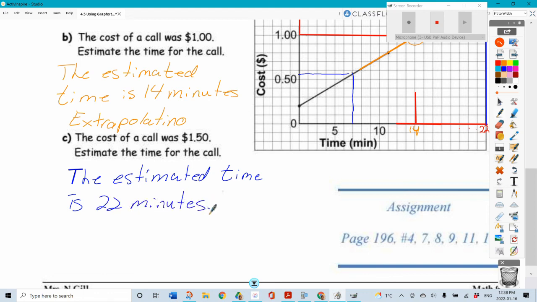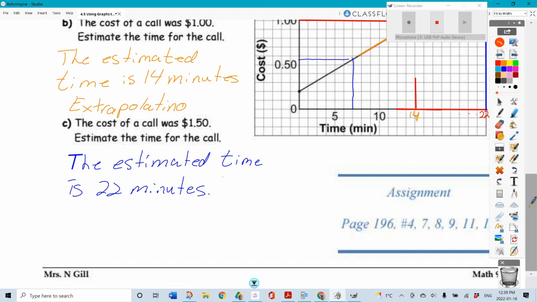And again, this is extrapolation. Let me start that word all over again because you know how my writing goes some days. So let's try this again: extrapolation.